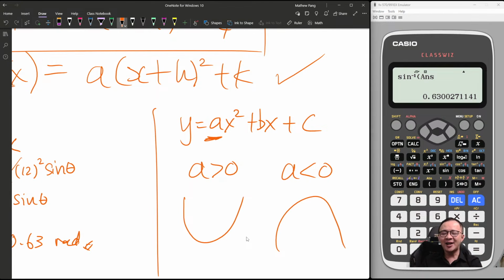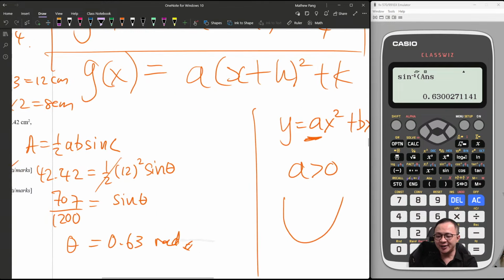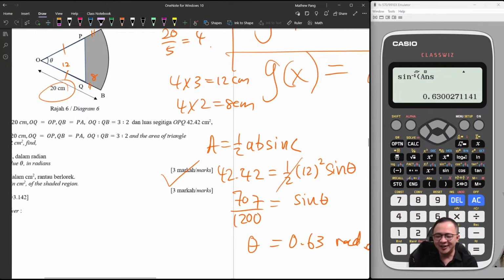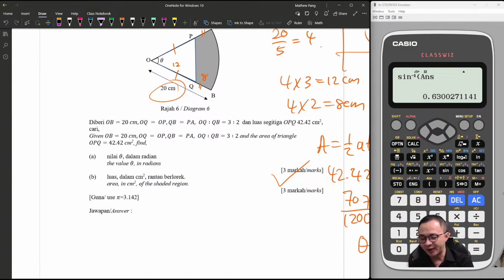So must be negative. How can this one a be 4? It's so wrong. Because N shape, a must be negative. This is the reason why I change from +4 to -4. Okay, I hope you get it. If you didn't get it, you really need to go revise your quadratic topic.